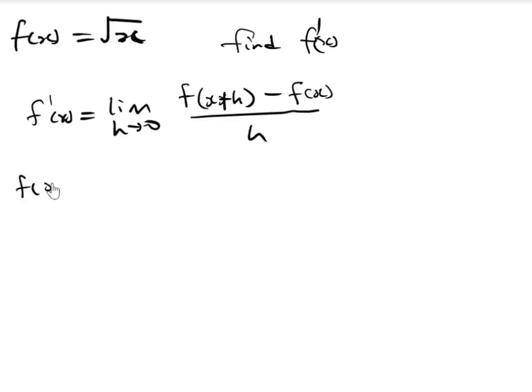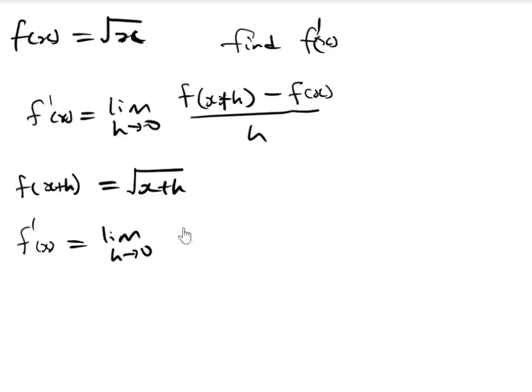Our f of x plus h is the same thing as the square root of x plus h. So substituting f of x and f of x plus h in this formula, we have that f prime is equal to the limit as h approaches 0 of the square root of x plus h minus the square root of x, divided by h.